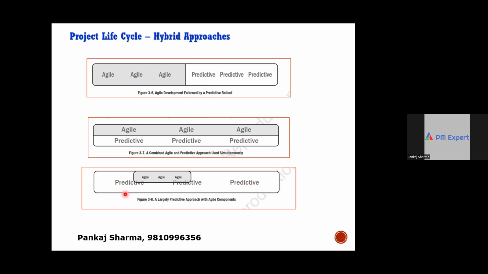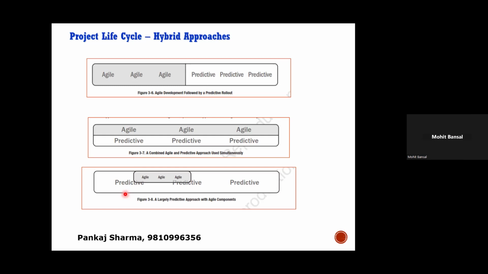For example, if a simple portal website has to be developed, the website can be done using predictive, but let's say that website has a chatbot, and the chatbot is continuously evolving, becoming better and better compared to the chatbots we had 3-4 years ago.